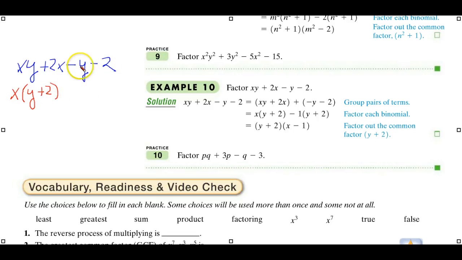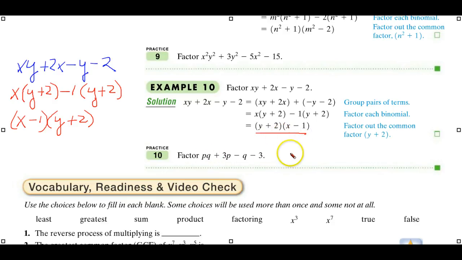And if I'm going to get a y plus 2 out of there, what do I have to take out to reverse both signs? And if you said a negative 1, that is correct. So now you get x minus 1, this one, and then your y plus 2. And they're equivalent.